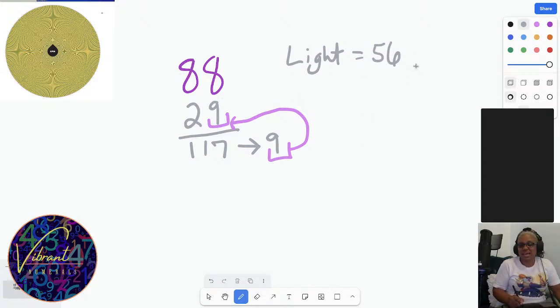So the word light is 56. So if we did 56 plus the 88 so that it's light purple, now we're getting 144.